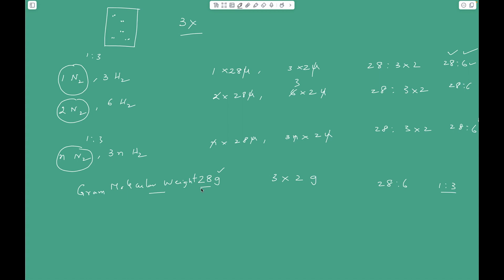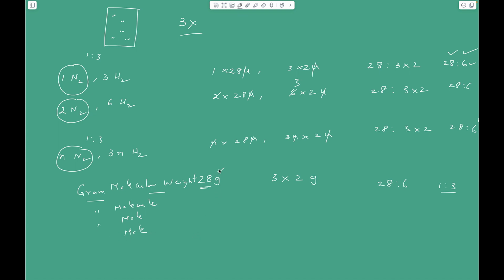See, molecular weight is 28, and if you add gram to the right hand side, you have to add the word gram to the left hand side to create a name for this quantity. So that is why it is called gram molecular weight, or it is also known as gram molecule or gram mole or simply mole.